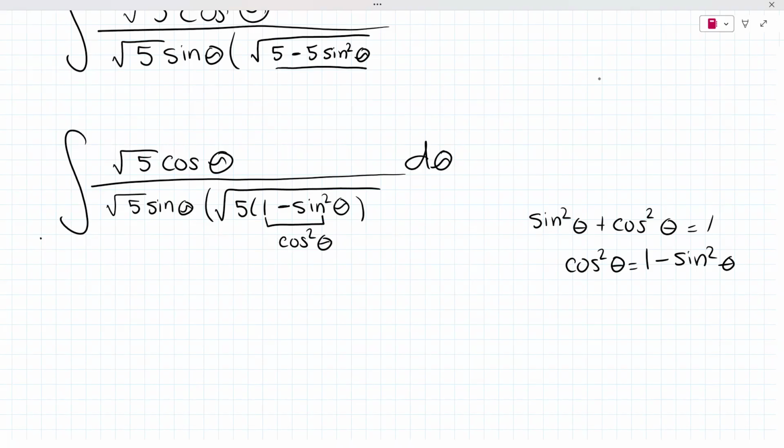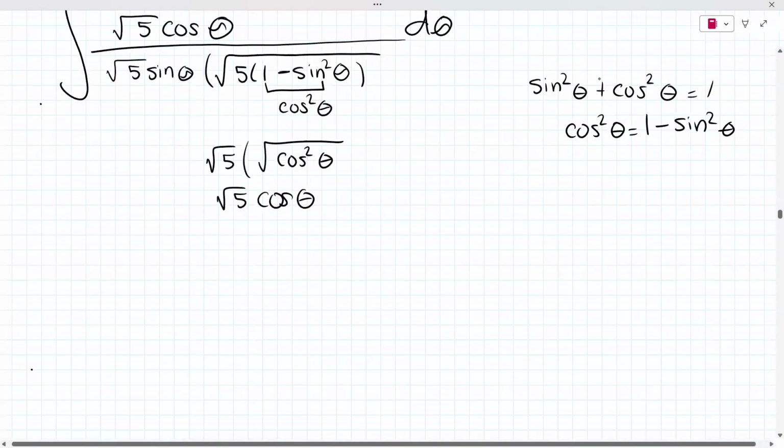And then if you take out this 5, square root of 5 is not perfect. It's just square root of 5 times, and then you can replace this. So this is still under a square root. You can replace 1 minus sine square theta with cosine square theta. So really that's just square root of 5, and then the square root of cosine square theta is cosine theta.